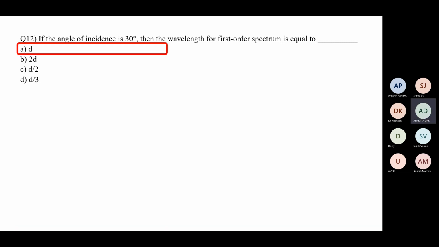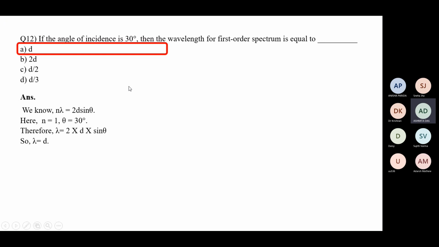Correct option is option D. Here we use the same equation, that is n lambda equals 2d sine theta. So here n equals 1 and theta equals 30 degrees, which means lambda is equal to 2 into d into sine theta. So sine 30 degrees equals half. So lambda comes as d.